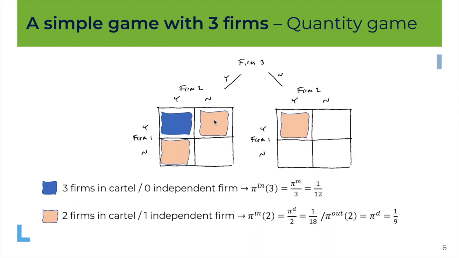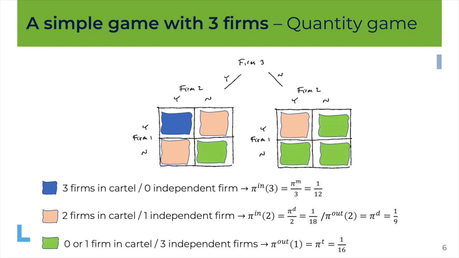Okay, so in these three situations, we've got two firms in the cartel and one firm that remains independent. So what are the profits that they will make at the quantity game at the second stage? Well, the two firms in the cartel, they will share the duopoly profit. So they get 1/2 of the duopoly profit, which is 1/18. So this is the profit of firms in the cartel when there are two firms in the cartel. And the firm that stays out when there are two firms in the cartel has the duopoly profit for itself, which is 1/9.